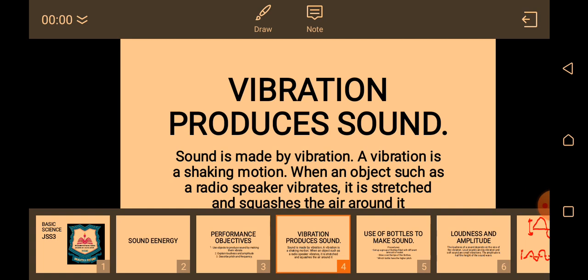Even if you turn on your speaker on a higher volume and put any object close to it, the object tends to move and begins to shake. So once that happens, vibration is producing sound, because when it is moving, it is making sound.